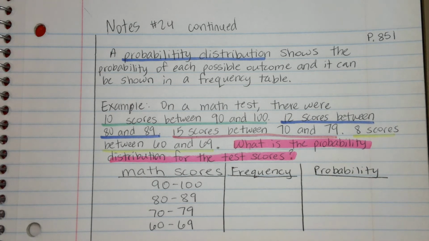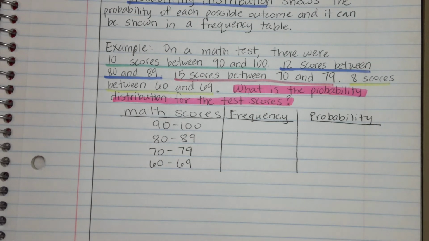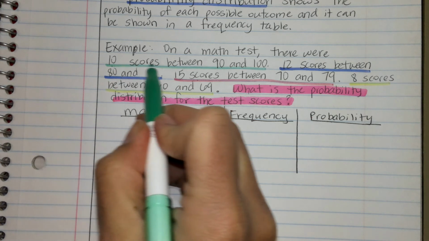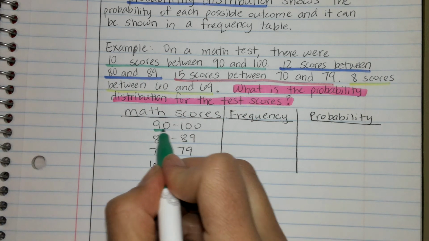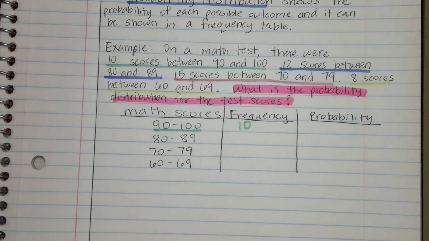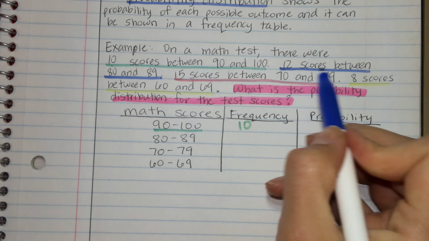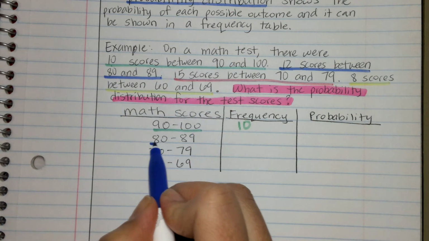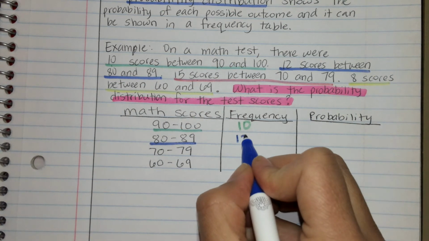Okay, so I know you guys can probably figure it out, but I'll color code it just to make sure you see it. My green was my 10 scores between 90 and 100. So for 90 to 100, the frequency was 10. Now I'm going to go to 12 scores between 80 to 89. So between 80 to 89, that was 12.